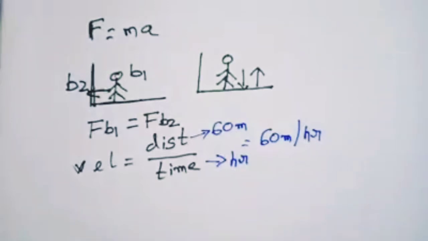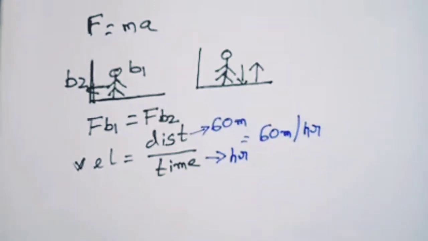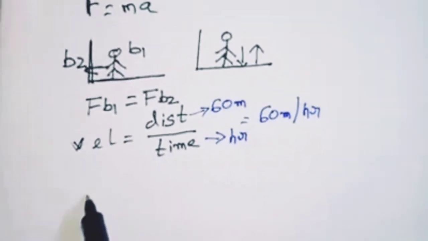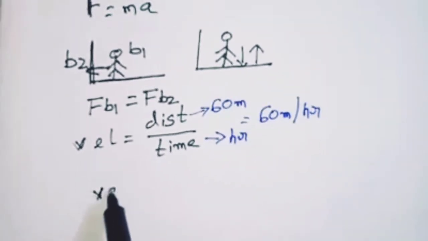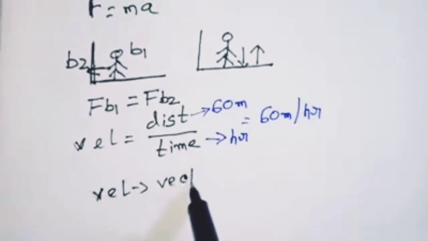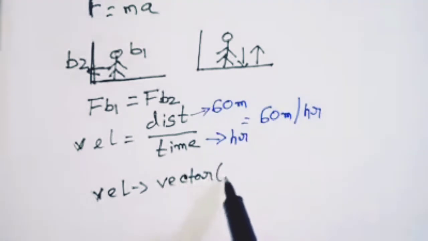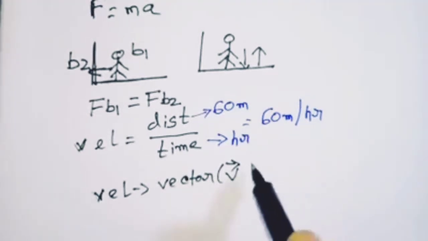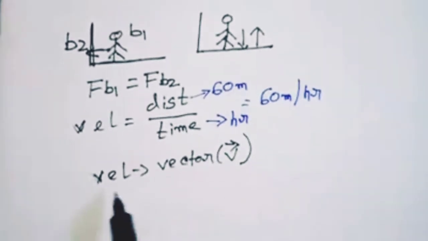Now what is the difference between velocity and speed? Let us get that quickly clarified. Velocity, as we know, is a vector quantity. So velocity, we write it as a vector. Generally we denote a vector by an arrow sign over it, so we denote it as v with an arrow, right? This is a vector quantity, whereas speed is a scalar quantity.